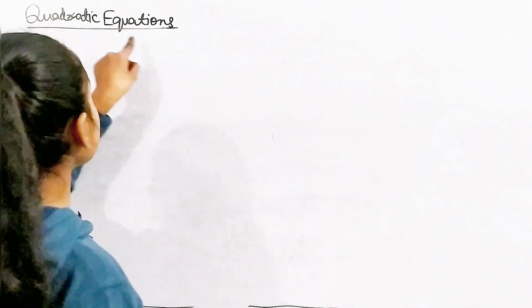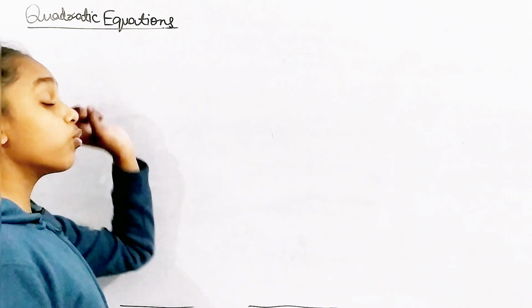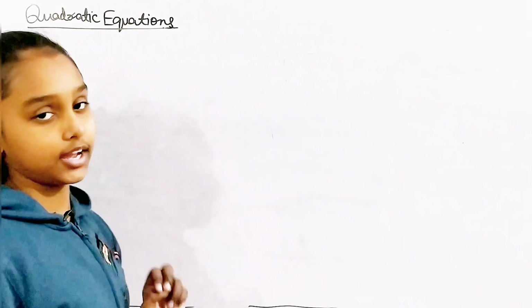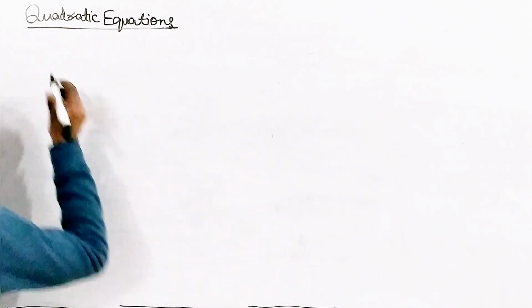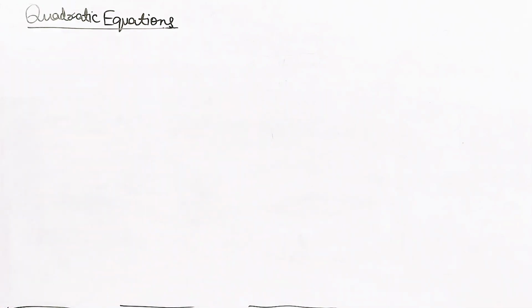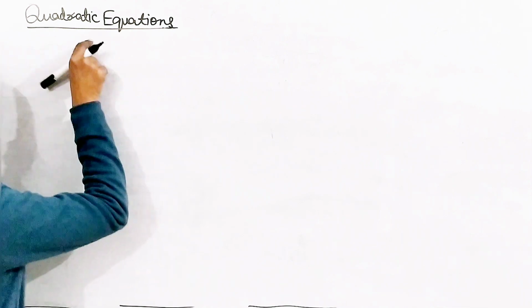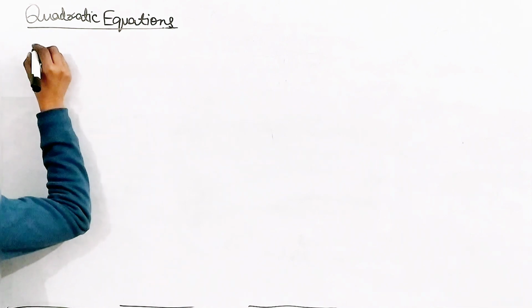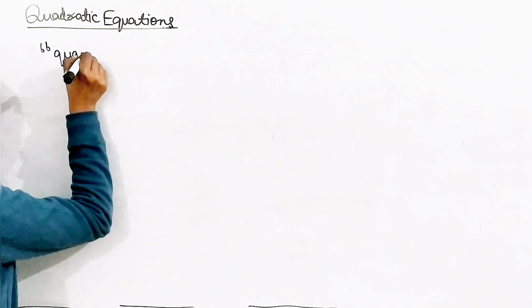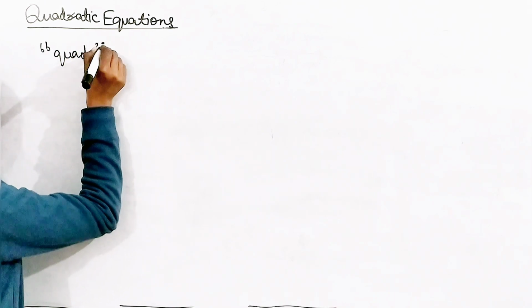So, quadratic equations are equations in which we talk about this squaring thing, okay? This word quadratic is a Latin word. This name quadratic came from the word quad, which means square.